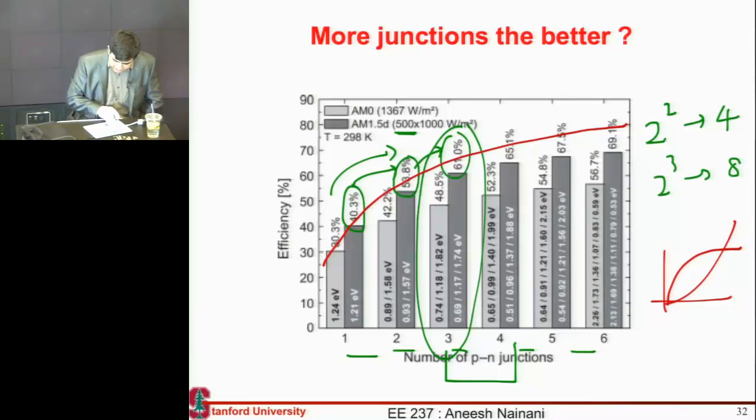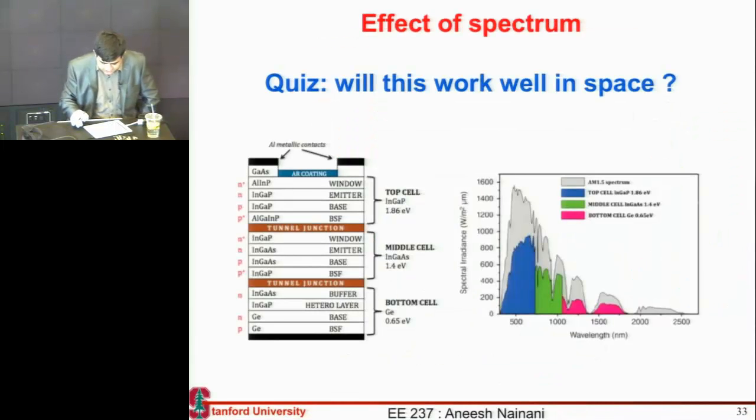And now to give you some more feel of this complexity. So now think you made this cell, you optimized it. You maybe spent years in your lab optimizing it for this AM 1.5 spectrum, right? Now suddenly NASA comes to you and says, can I use this for space? Okay, so what will you say? Go use it for space. Will it work equally well?